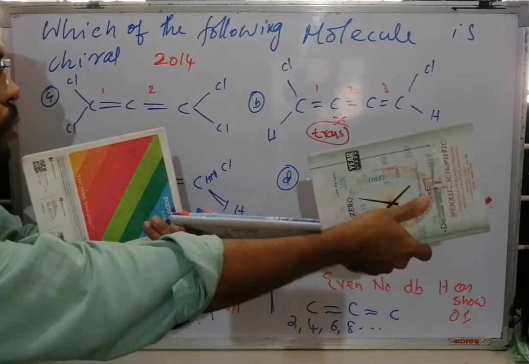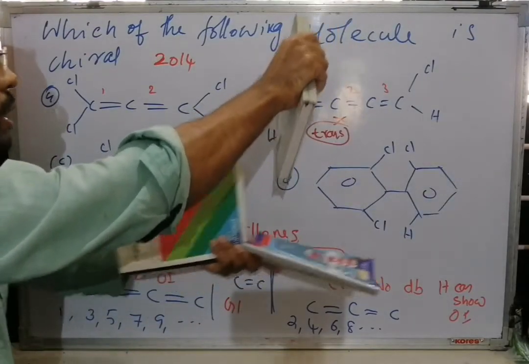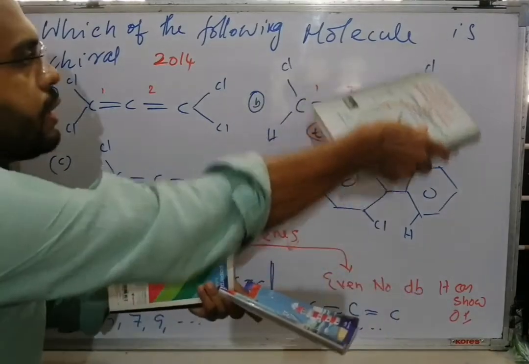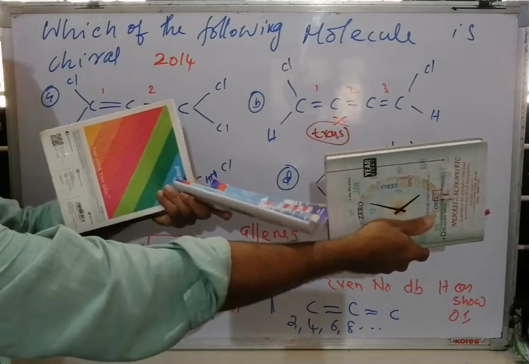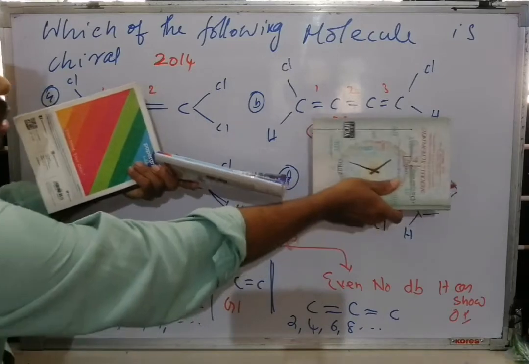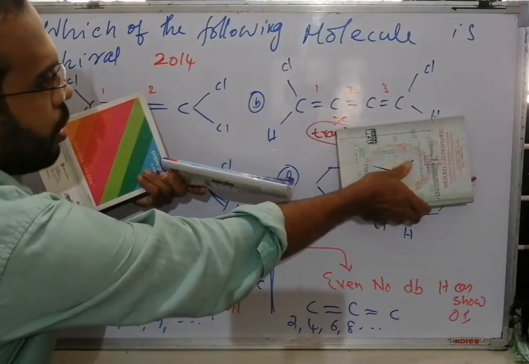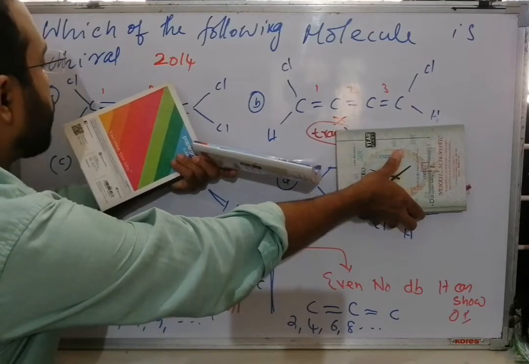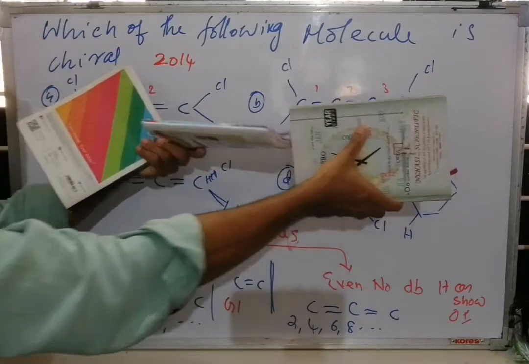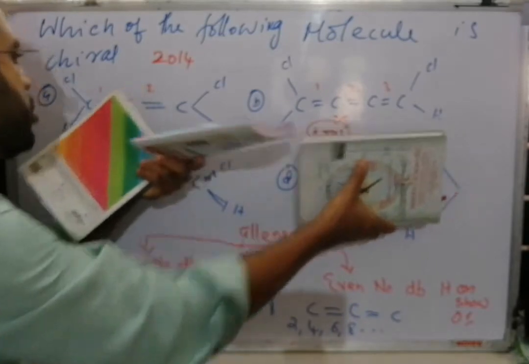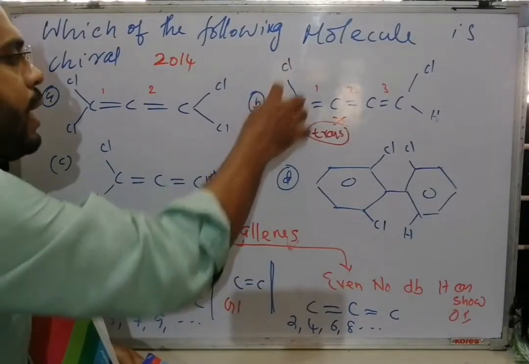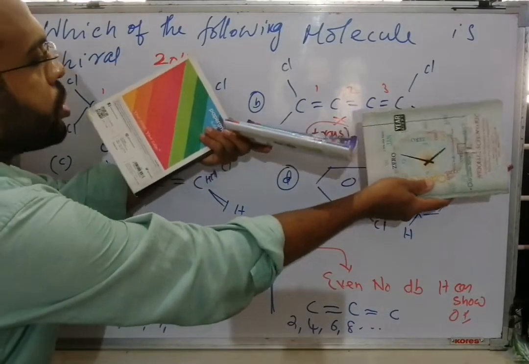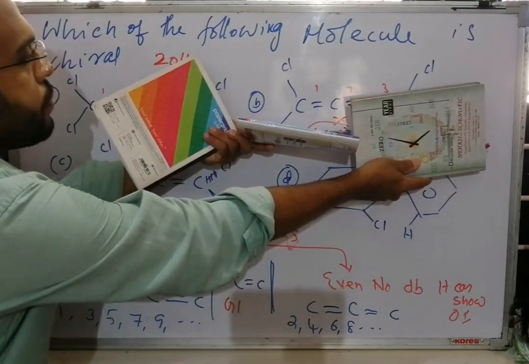Therefore, the groups H and Cl on this notebook and on this diary are both on the plane of the board. This one is perpendicular to the plane of the board, but this book is in the plane of the board. Therefore, if there is an odd number of double bonds, Cl and H are on the plane of the board, like this.